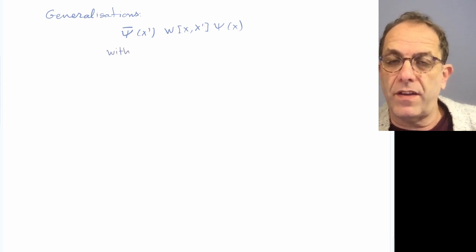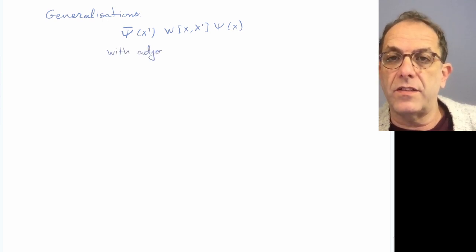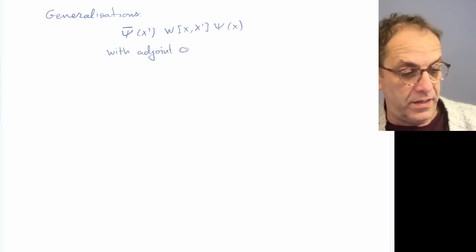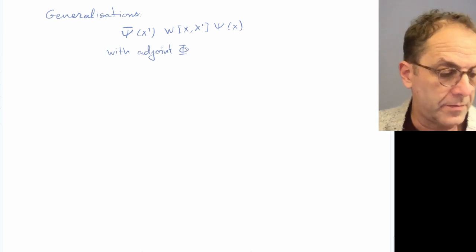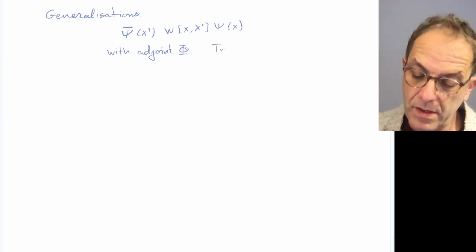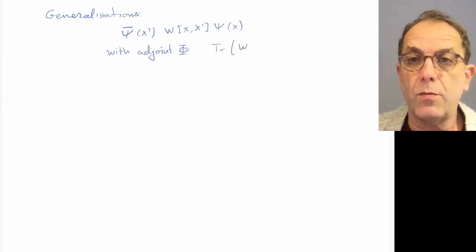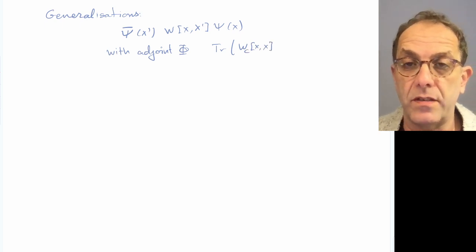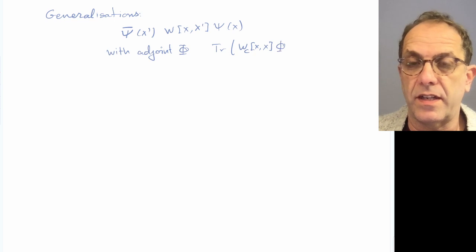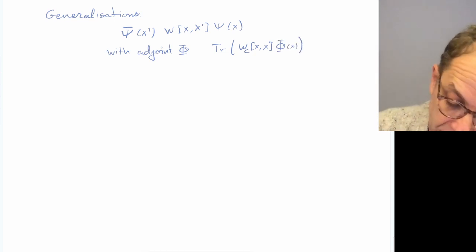Or if we have adjoint fields, we can insert them along the Wilson line. So here we have one insertion at the beginning and end point, and you can check that it's gauge invariant, but we can actually include many of them.